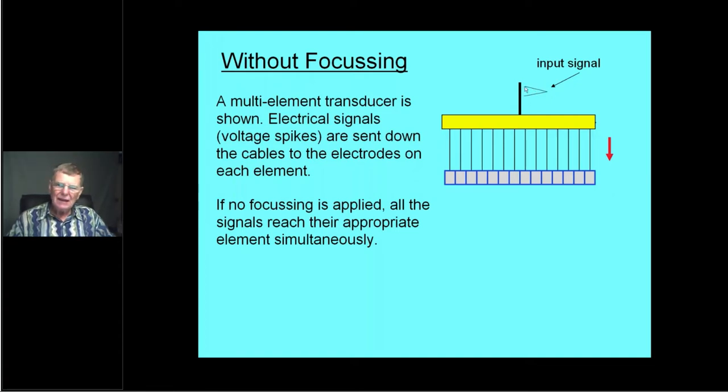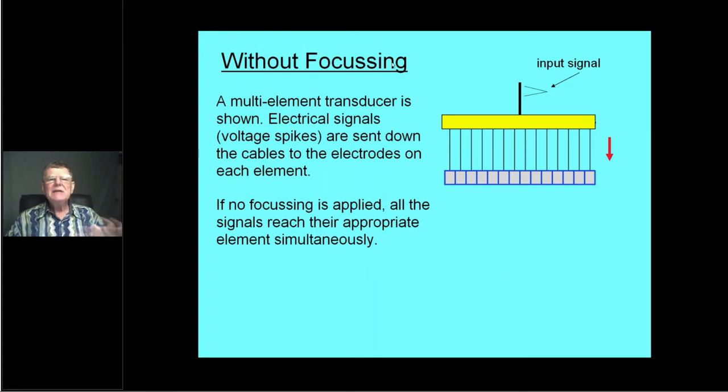Right. Now this little 90-degree V here is a representation of the electrical voltage that's being input from the machine. And it will come down the line and go to all the elements, energize them, and make them vibrate, and send out their sound waves.